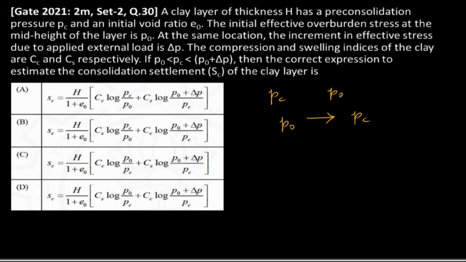So we need to consider the swelling index, which in turn changes to compression index, because at initial, due to application of water, clay will be in a swelling state, and due to the compaction, the clay will get compressed and water gets expelled out. So from swelling index it changes to compression index.